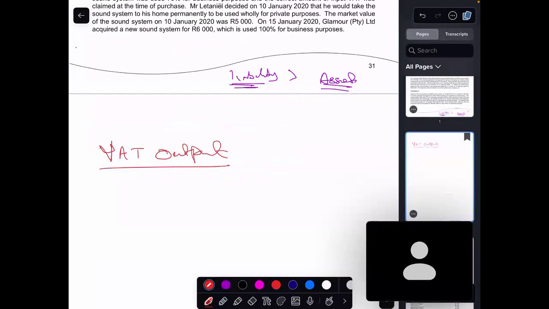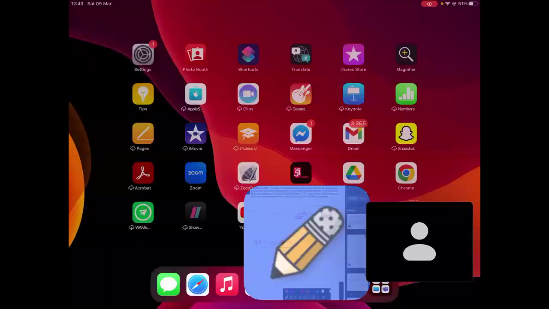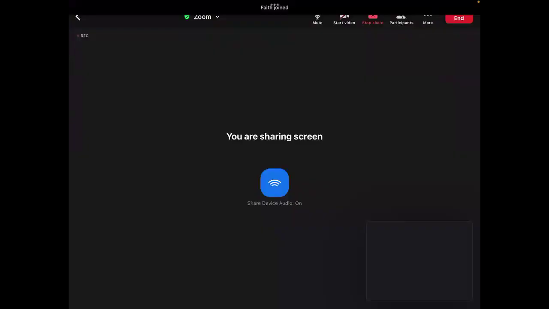Notice some people say output VAT or VAT output is one and the same thing, so don't get confused there. Sometimes I'll say VAT output or output VAT. The terms are used interchangeably.